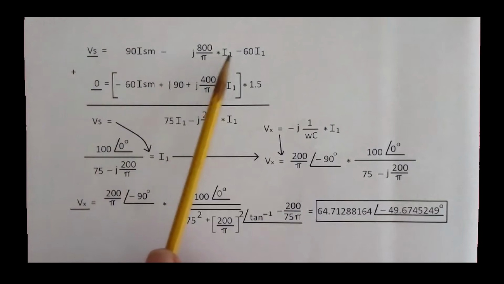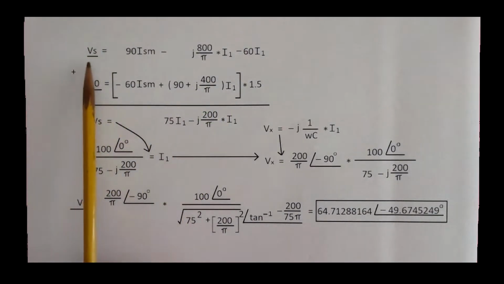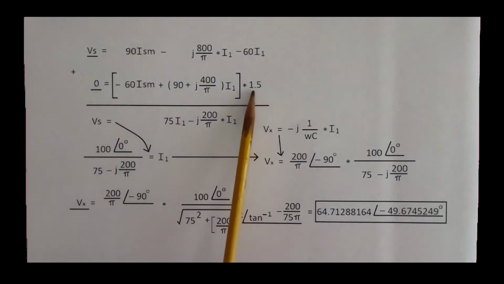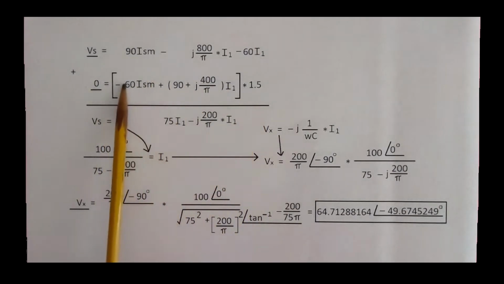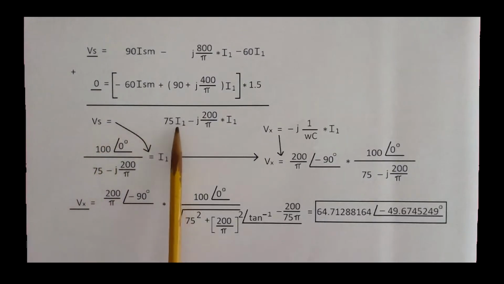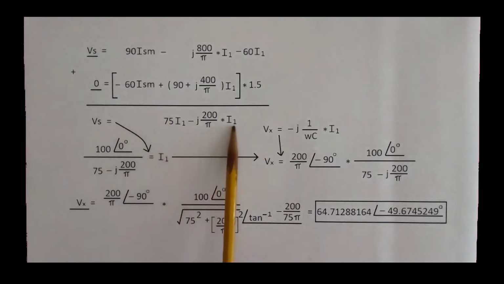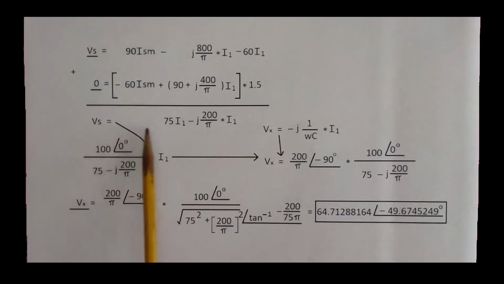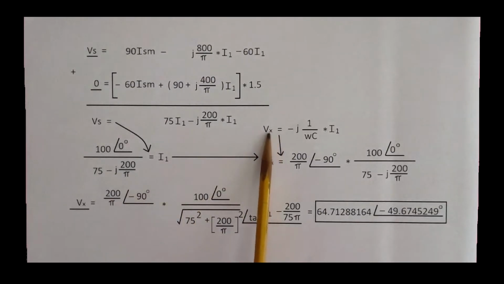So repeating the equations, once again we're going to multiply by 1.5, so our supermesh cancels out, and we're left with Vs equal to a similar looking result. Basic algebraic manipulation to get I1. Here we have Vx.